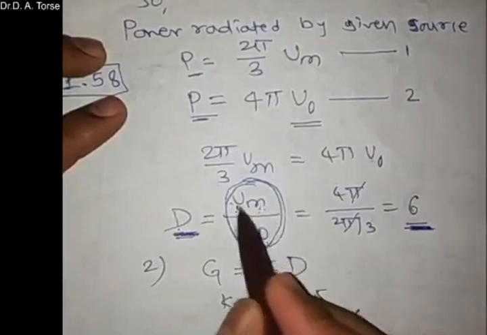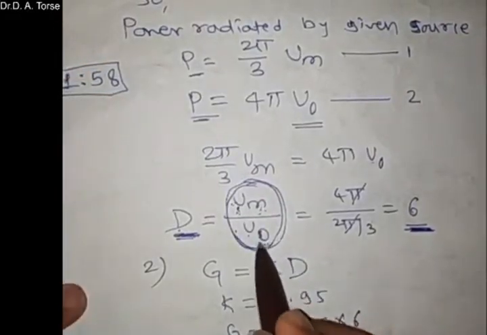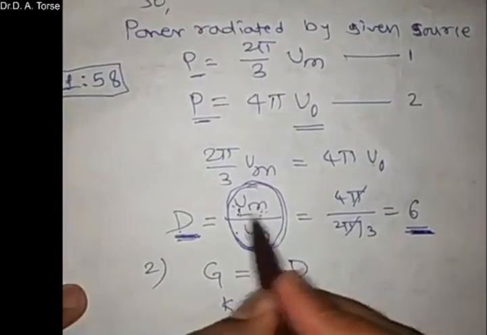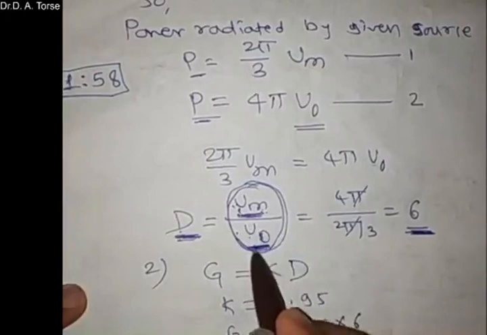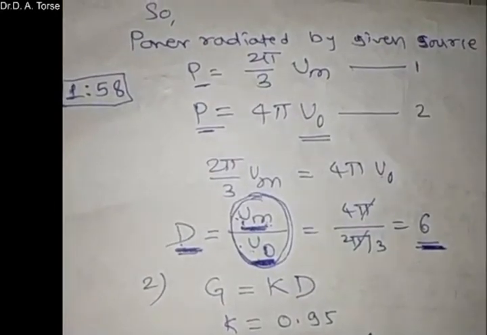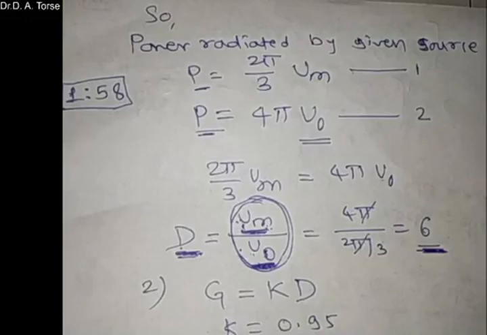Directivity is the maximum radiation intensity to the average radiation intensity of an isotropic antenna. You can say this is the maximum radiation intensity and this is the radiation intensity of an isotropic antenna. So in this video, we have discussed different examples solving radiation intensity, calculating directivity and gain.